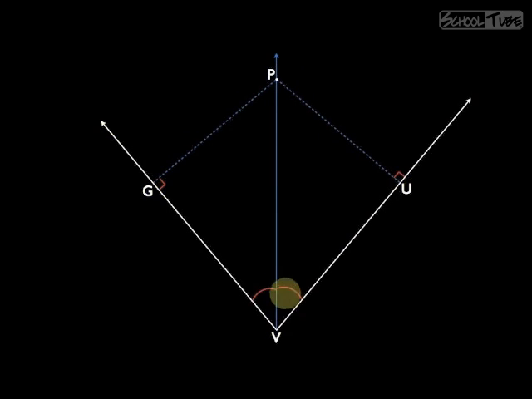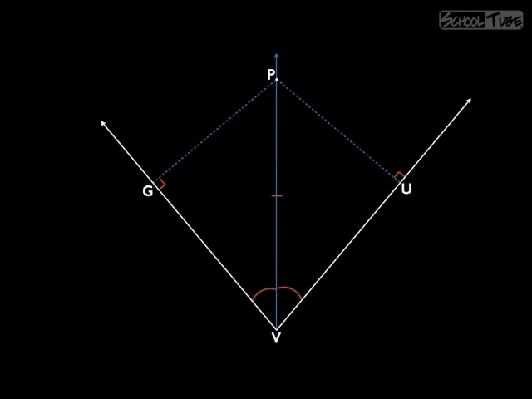Now we already know that these two angles, angle GVP and angle UVP, are congruent because we constructed the angle bisector. We also know that segment PV is congruent to itself by the reflexive property of congruence.